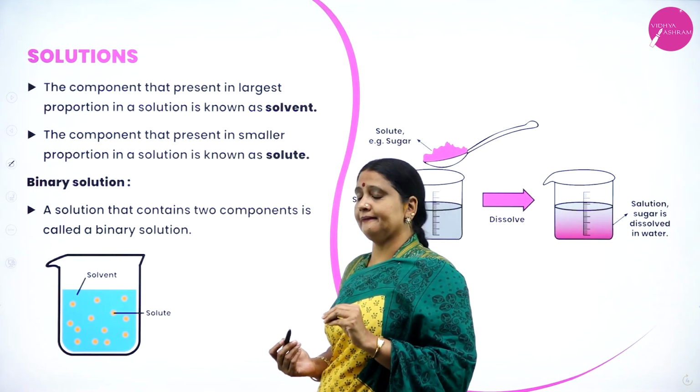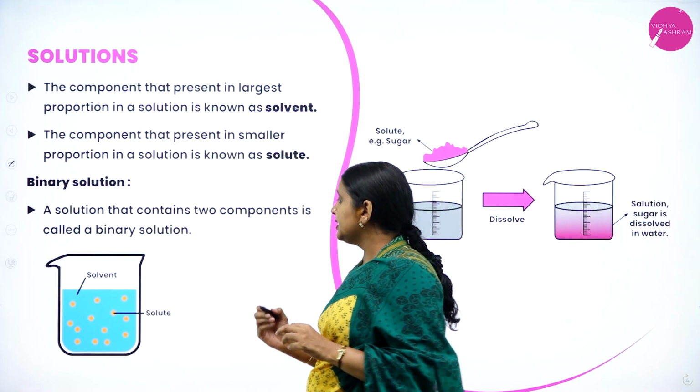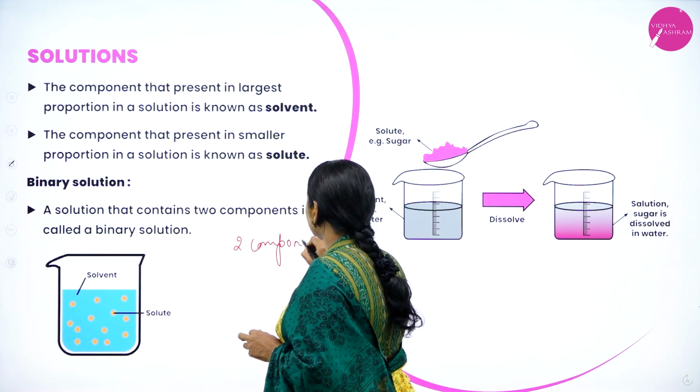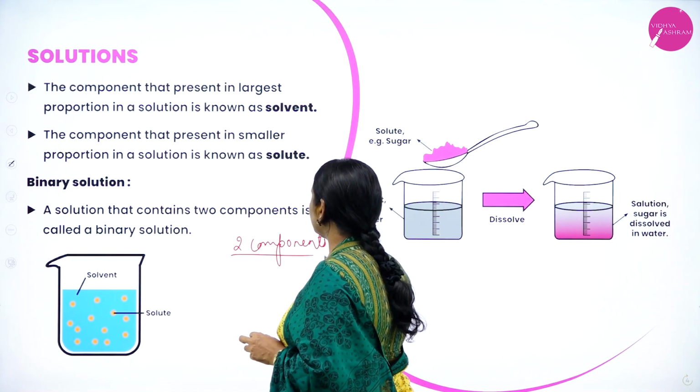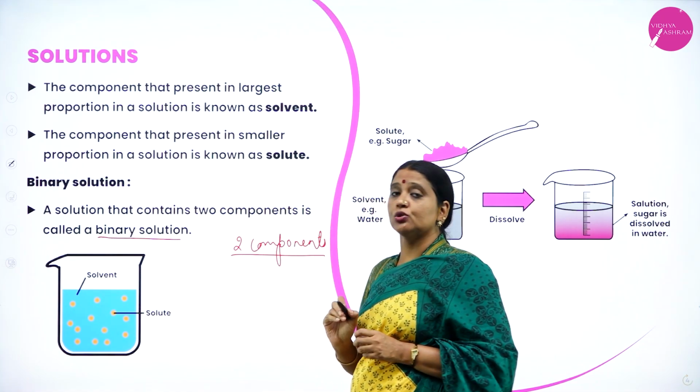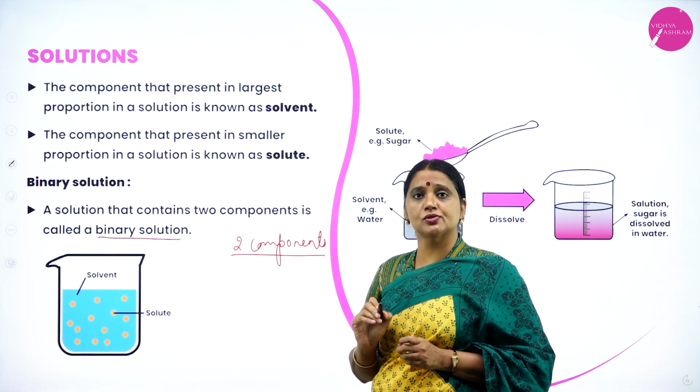If you consider any solution, if it has only two components, then that solution is called what? Binary solution.